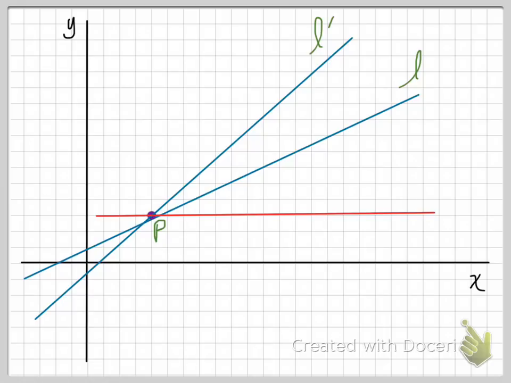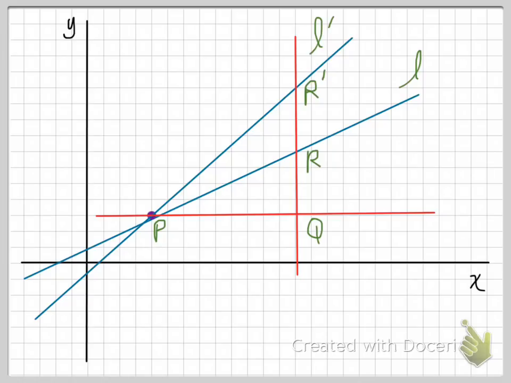And from there I'll draw another line going up parallel to the y-axis. So this is going to give me my point Q right here and some slope triangles. So what I'll notice is that we're going to label the intersections here. So this would be point R on line L, and we'll call this point R prime on line L prime.